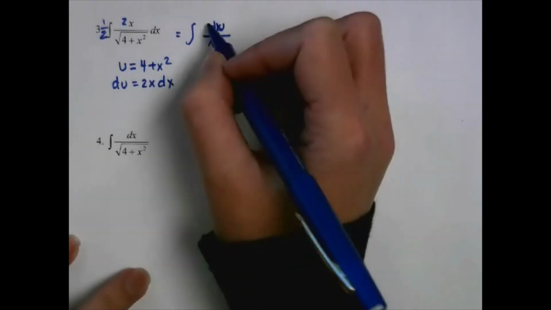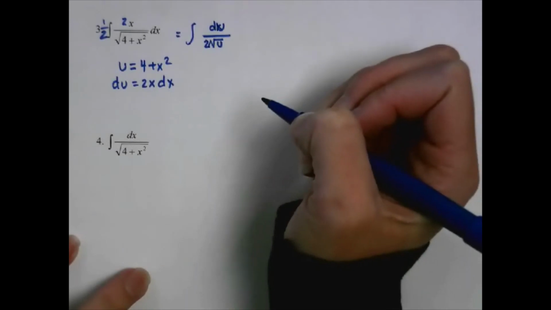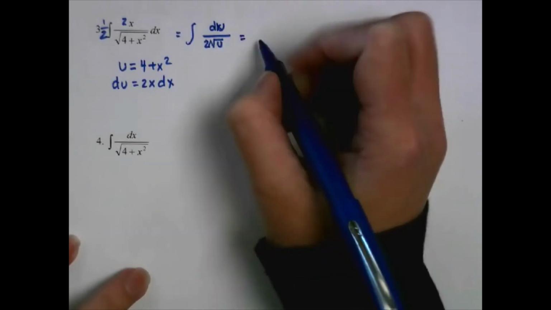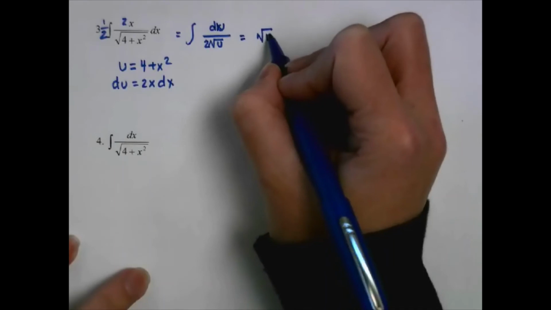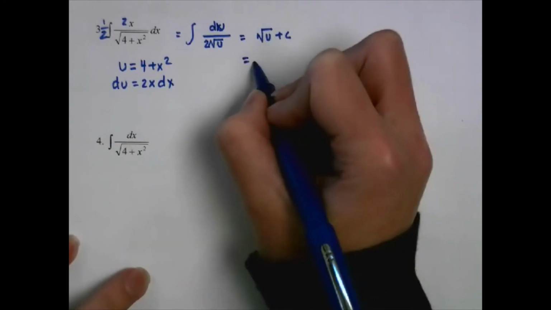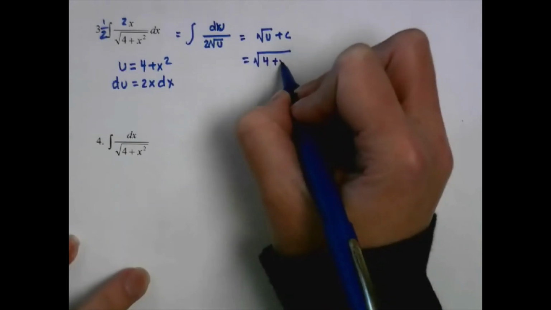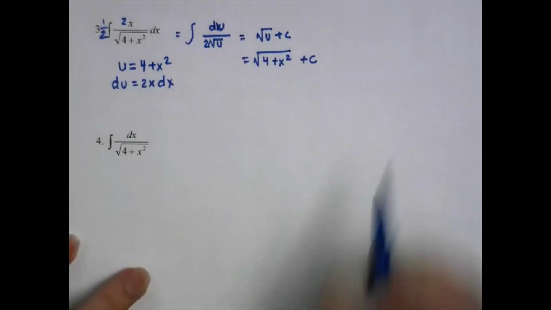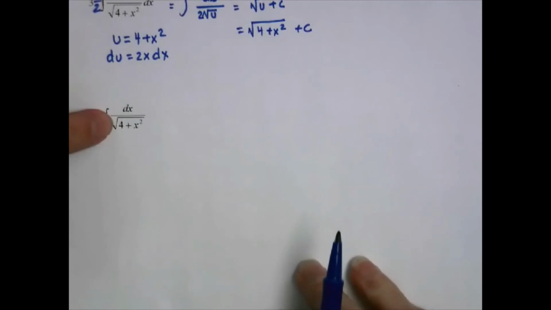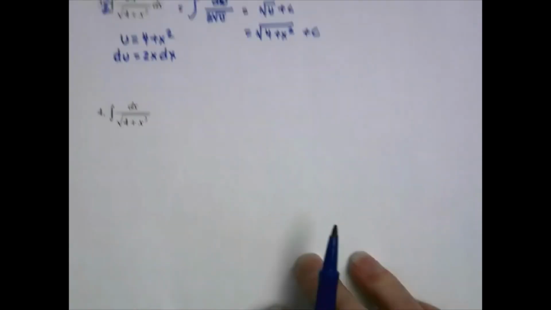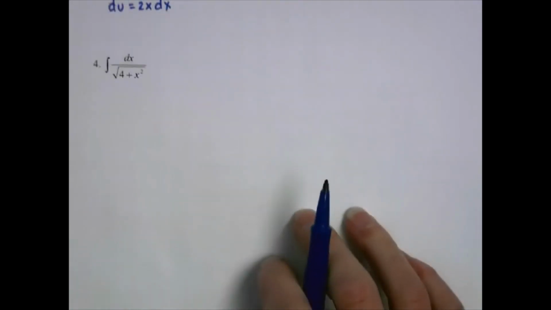So rather than writing the 1/2 out front, we'll go ahead and put it right there with the 2, because that makes this integral the square root of u, which is going to be the square root of 4 plus x squared plus c. This one, however, I don't have that x to use for the u substitution.